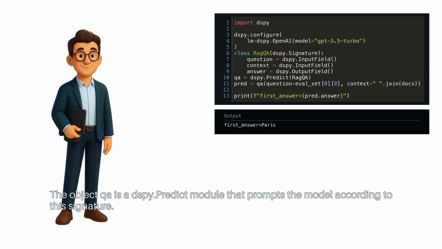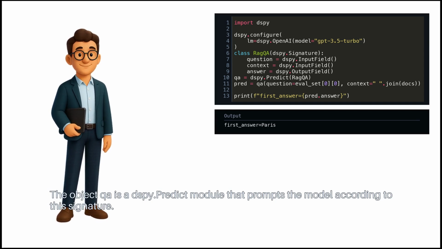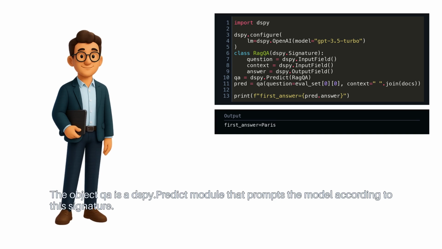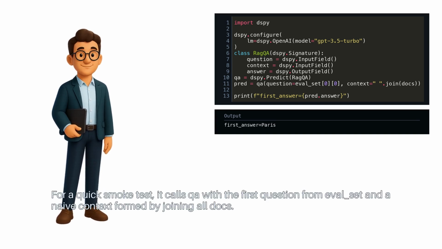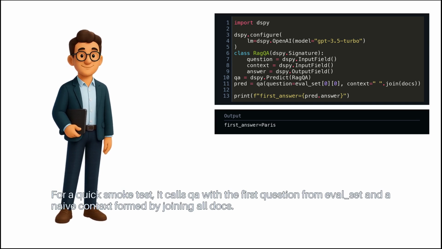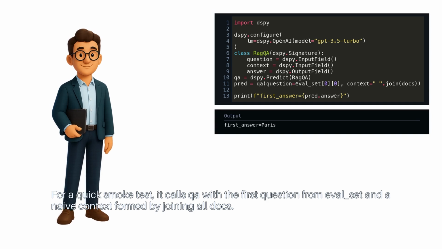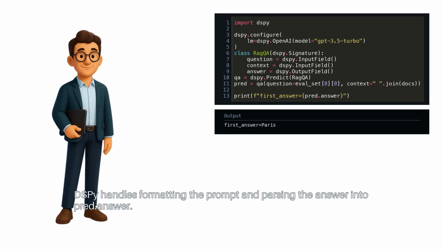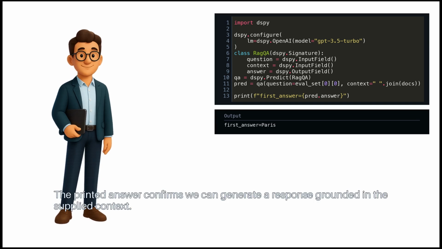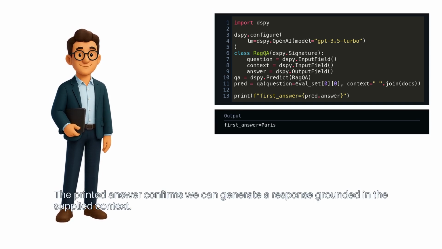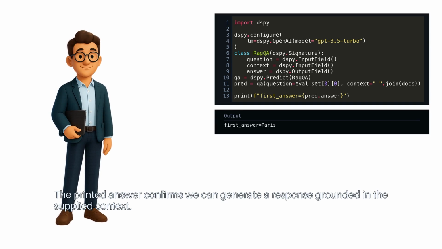The object QA is a DSPy predict module that prompts the model according to this signature. For a quick smoke test, it calls QA with the first question from eval set and a naive context formed by joining all docs. DSPy handles formatting the prompt and parsing the answer into pred.answer. The printed answer confirms we can generate a response grounded in the supplied context.